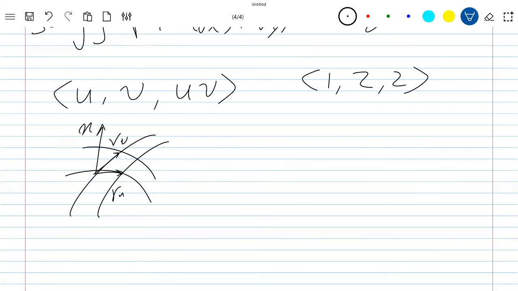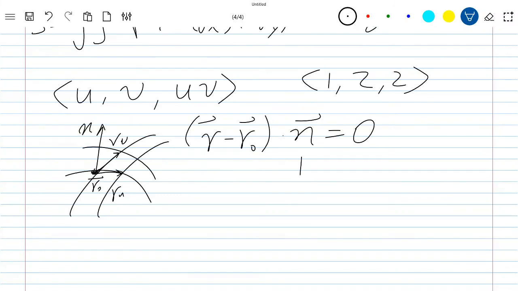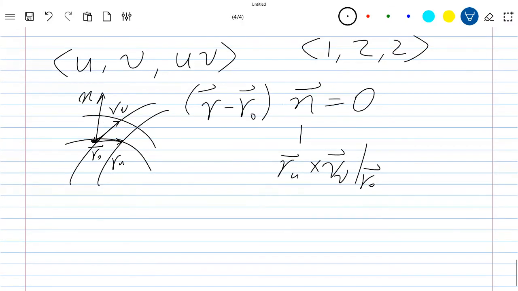And if you know the point along with this N, then you can write the plane. The plane is just (r minus r naught) dot N equals 0, where N is ru cross rv, but you have to evaluate at this point. Okay, so let's do it.